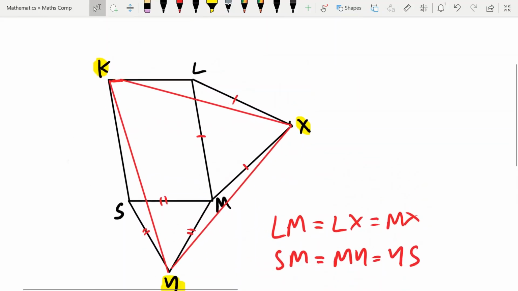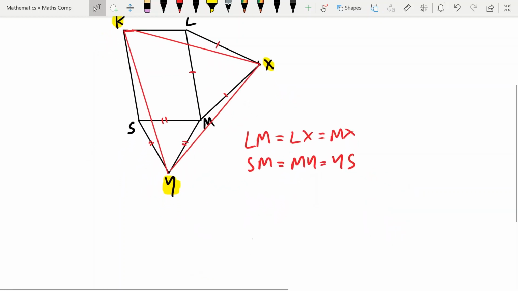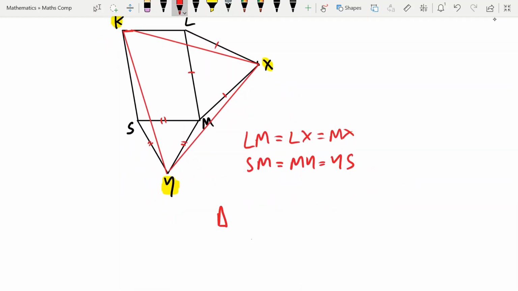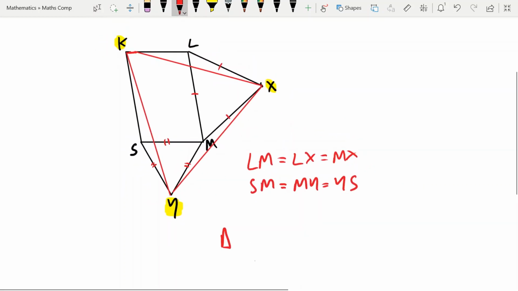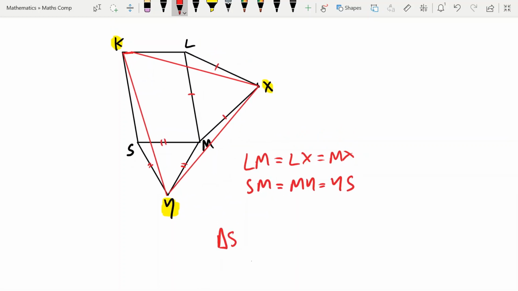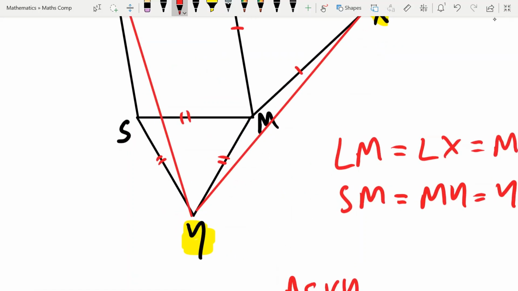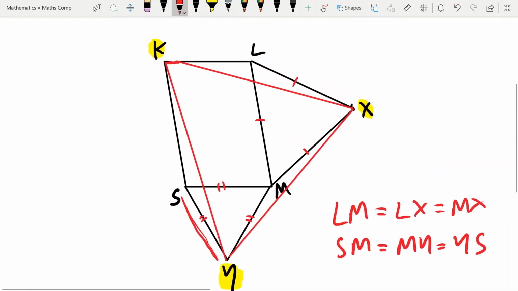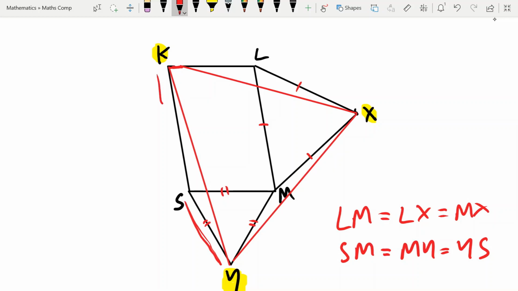We see here that considering the triangle SKY, the side SY is this length here, and the side SK is this length here.